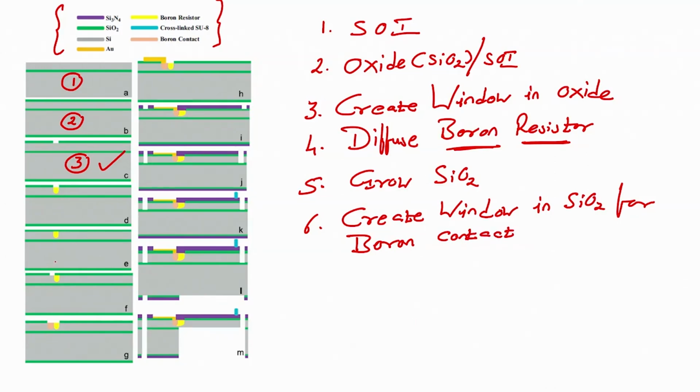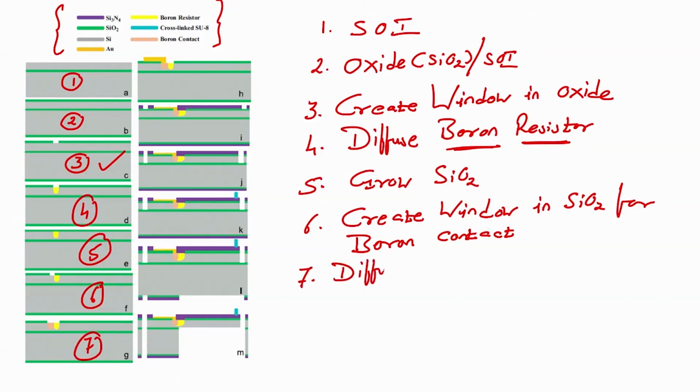You can see, right, after this, after growth. So, this is our fourth step, right. We have created a window, then we have created an oxide, and now we have created a window for the boron contact.